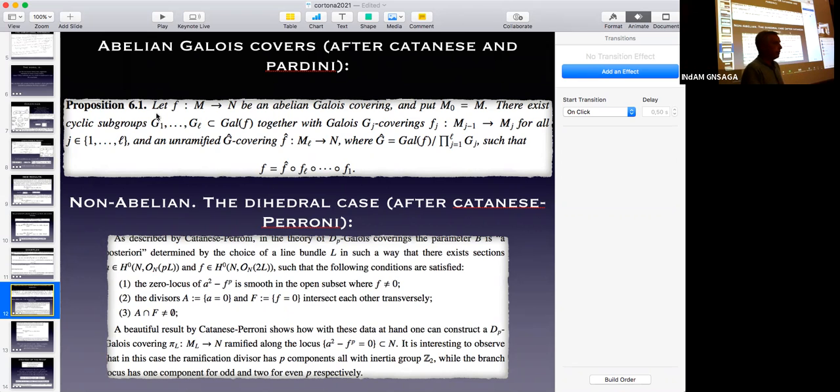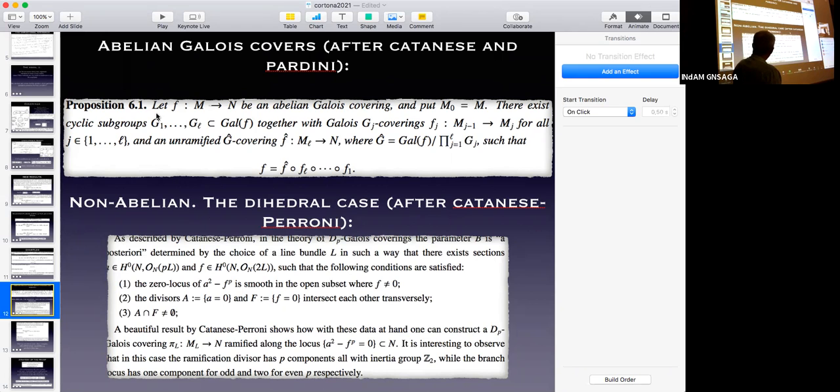If you give me a cyclic group and a manifold, certainly there is another manifold which covers it with that structure group, and that's easy. You really construct the total space of the line bundle or something. It's in chapter 1 of Lazarsfeld's book.